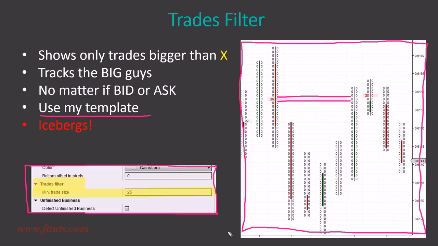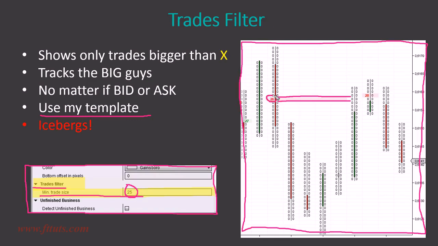And this thing, you can find it in indicator settings, and in here you can change the trade size, the minimal trade size it will show. So if this number is 25, then it will show all the trades which were bigger than 25 contracts.